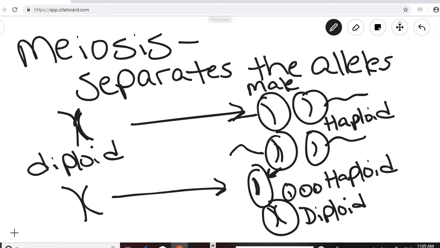So the bottom line is that meiosis separates these alleles, and that is how the offspring end up getting half of their genetic information from the father and half from the mother.